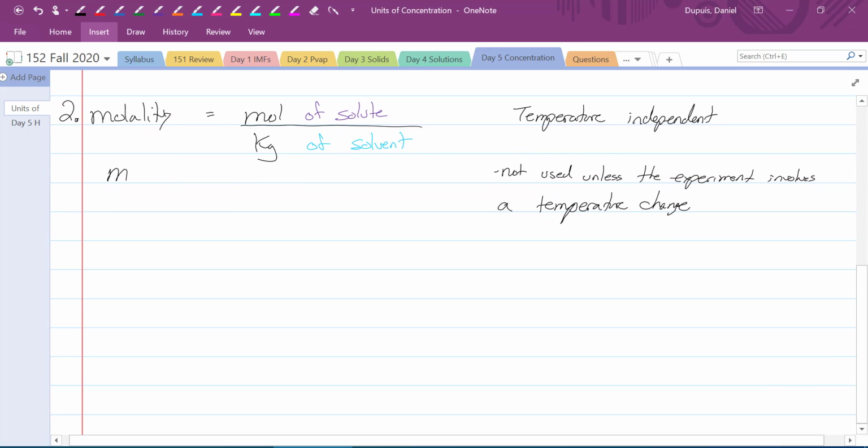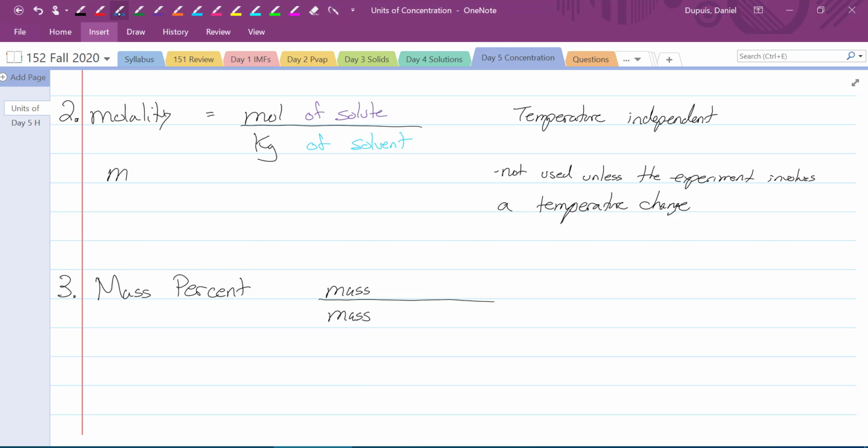All right, third one. Mass percent. This is mass per mass. So it's mass of solute to mass of total solution, times 100%.